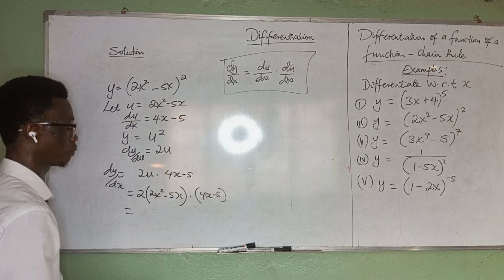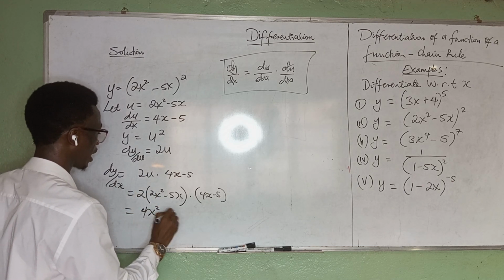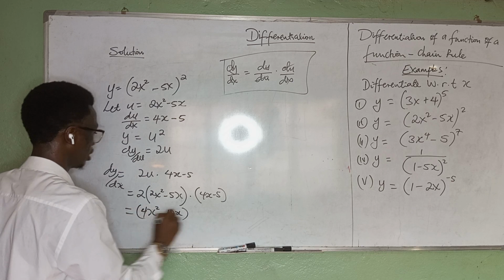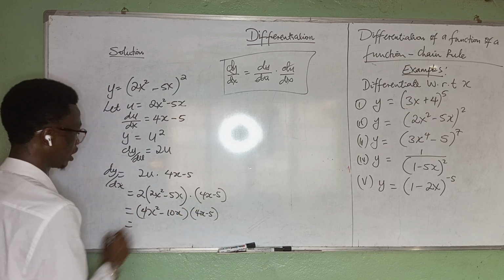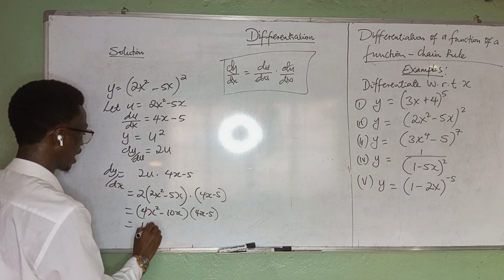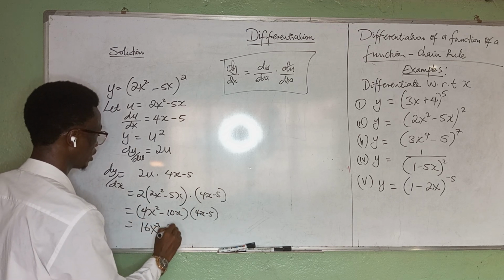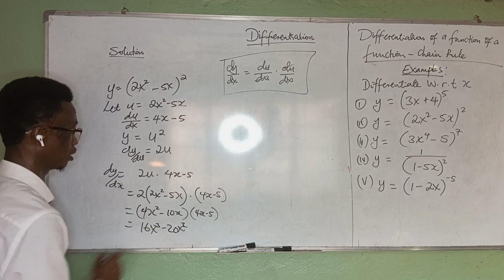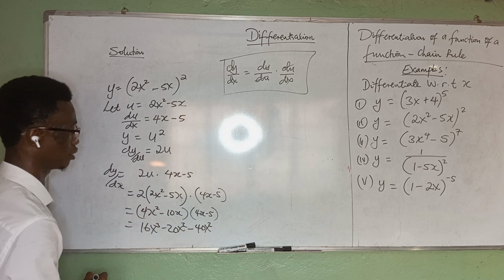So here you just multiply. This gives you 4x squared minus 10x by 4x minus 5. Further down, this and this gives you 16x cubed. This and this gives you minus 20x squared. This and this gives you minus 40x squared.